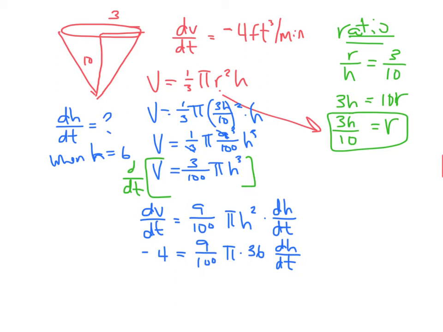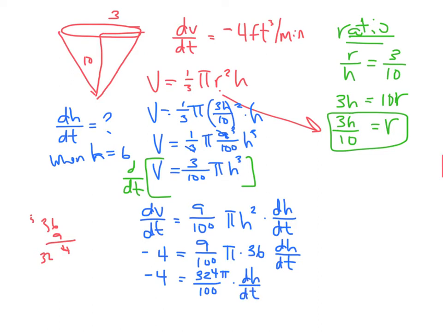If I do a little scratch work off to the side, 36 times 9, that's 54, carry the 5, 27, so that would be 324. So I have -4 equals 324 pi over 100 times dh dt.